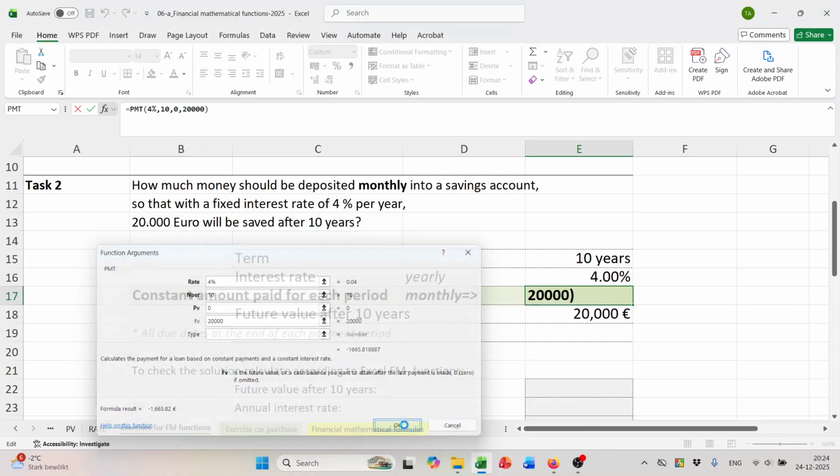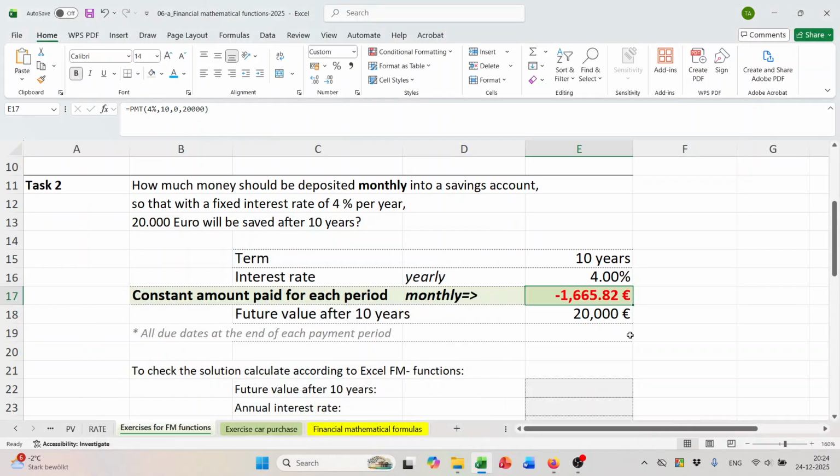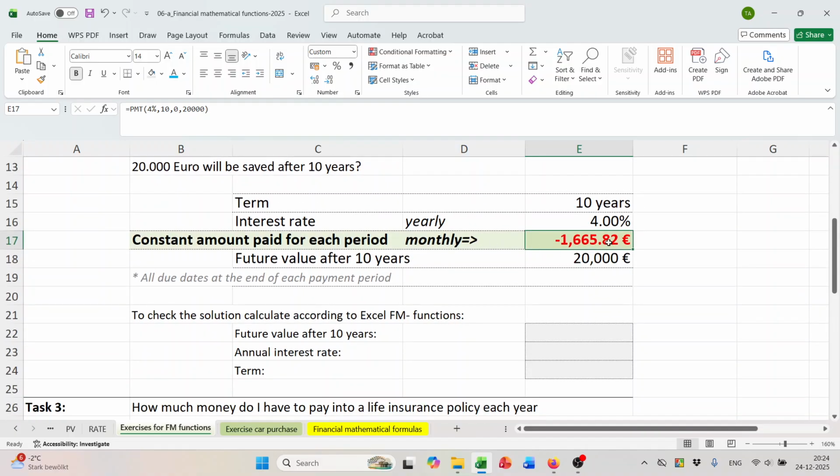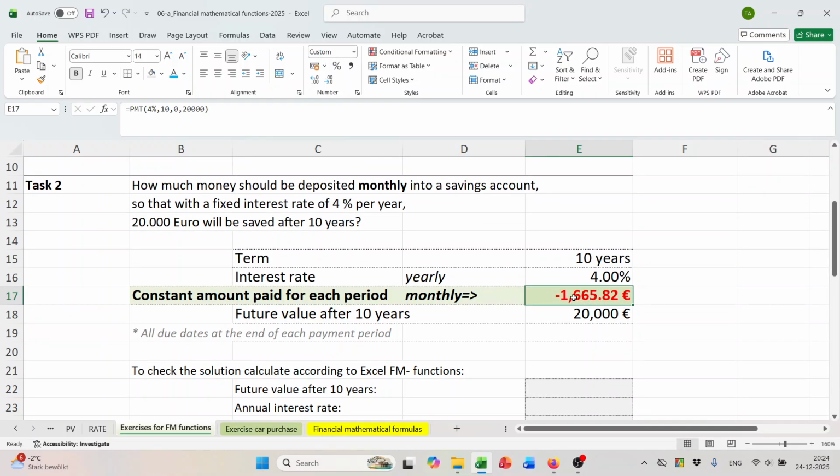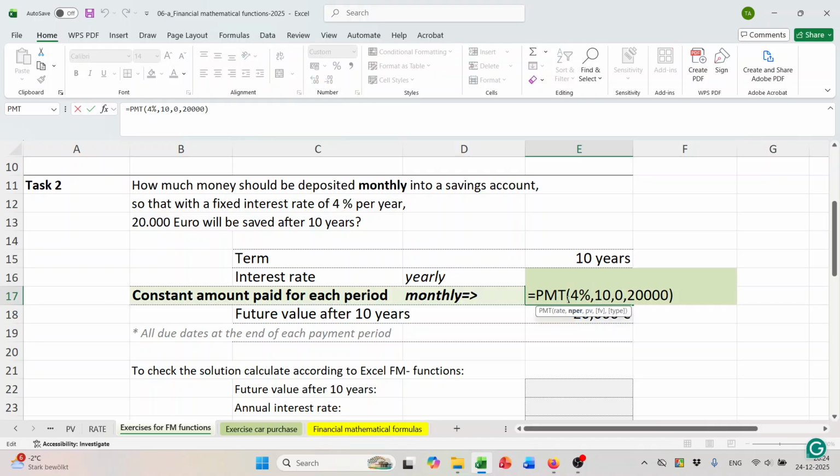So we'll have to deposit €1,665, and as we are giving this money to the bank, it should be negative. But this value is for 1 year, and we have to calculate for 1 month, so we have to divide it by 12.